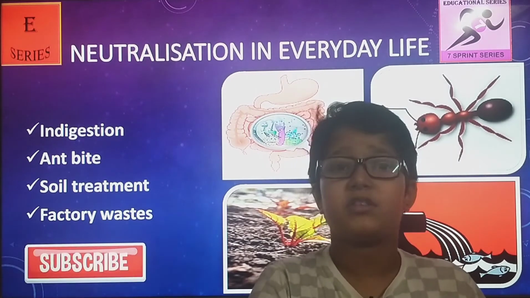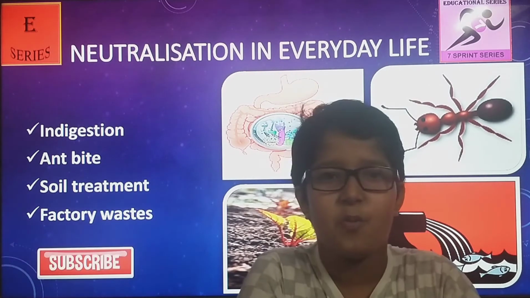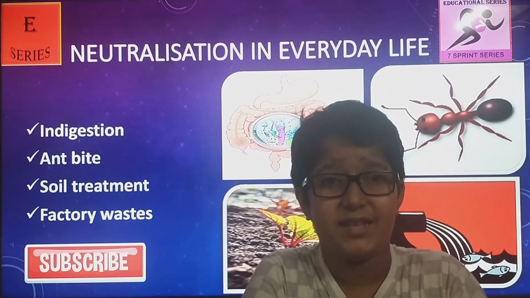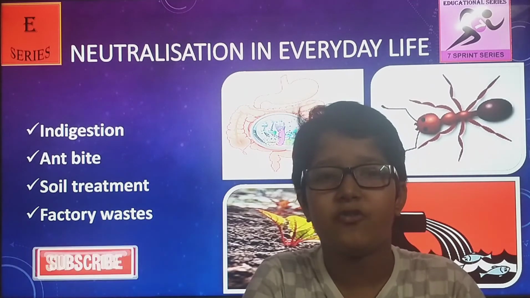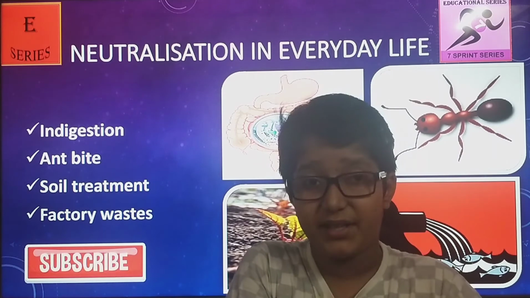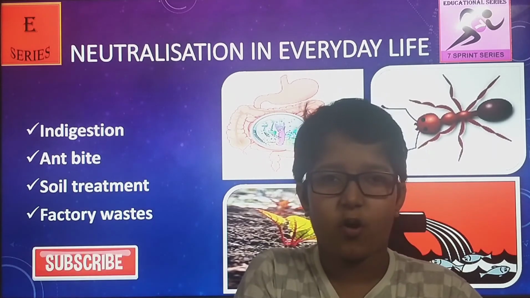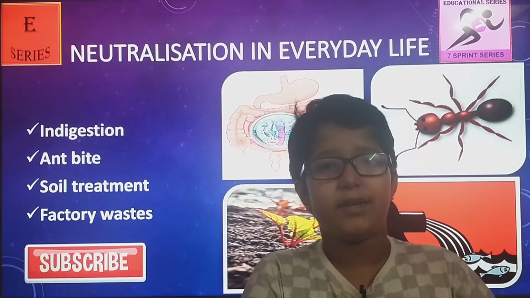and then your mama gives you a Digene. That's a popular base. Digene contains milk of magnesia. That is a base which is used in indigestion. When you drink it, it's a base.